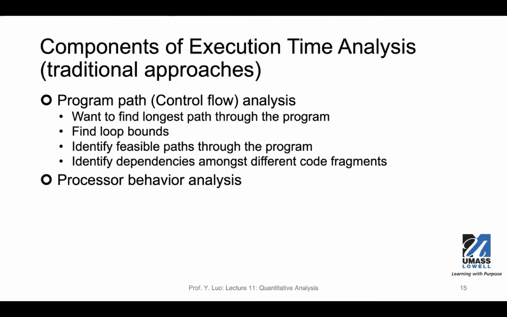In our previous example, the loop bound is 32, so we know that by the value of the constant 32, and you decrement 1 at a time, you will have 32 loop iterations. Also, using this control flow graph, we can identify feasible paths through the program. We can identify dependencies among different code segments.